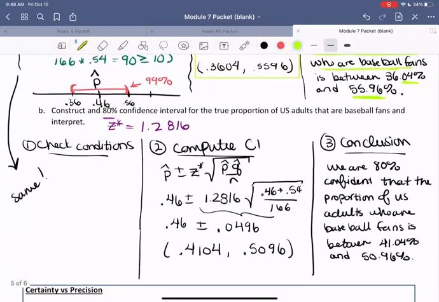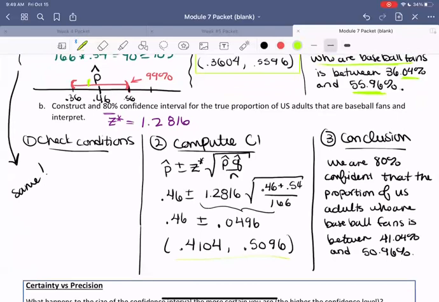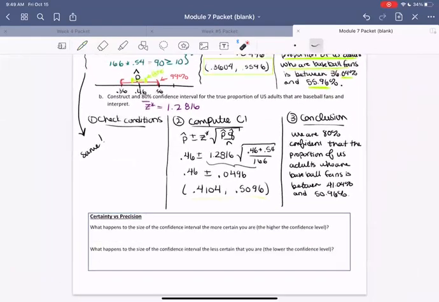Our second confidence interval for looking at 80% confident went from 41 to 51. So what happens to the width of our confidence interval here? Well, the confidence interval associated to our confidence level that was less confident is smaller. The confidence interval associated to the confidence where we are more confident is larger. So let's write that down and then maybe look at a couple other ways to think about it.